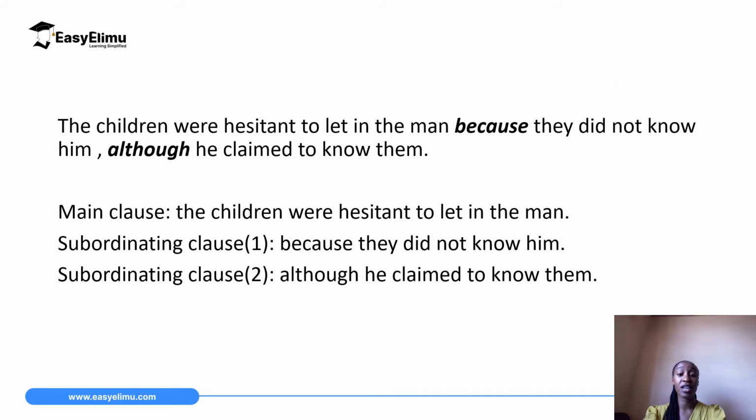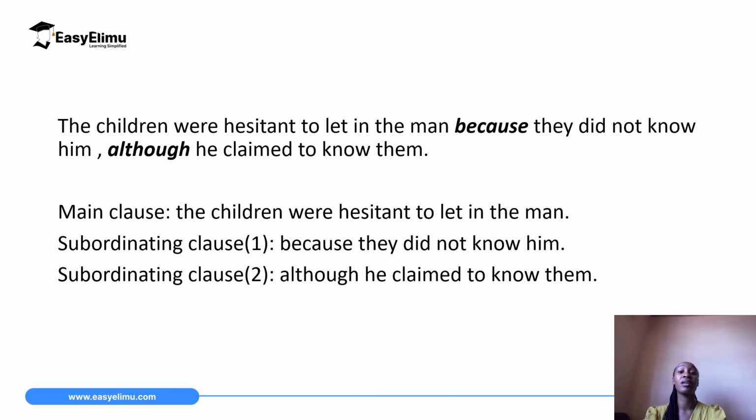The children were hesitant to let in the man because they did not know him, although he claimed to know them. The children were hesitant to let in the man, that is the main clause. Because they did not know him, that is the first subordinate clause.